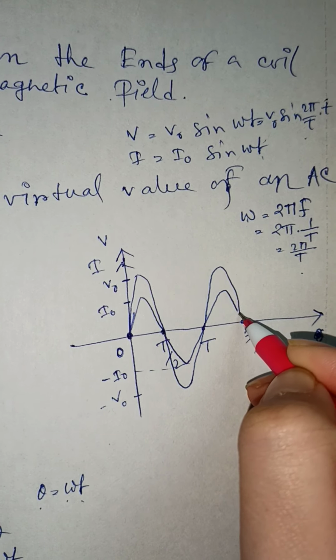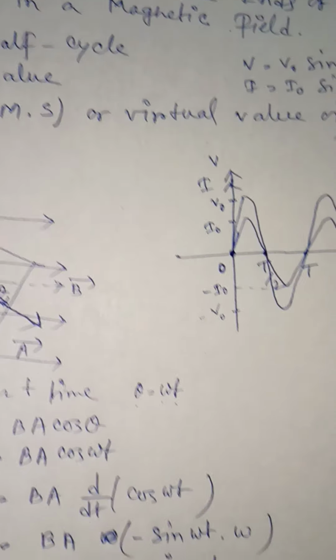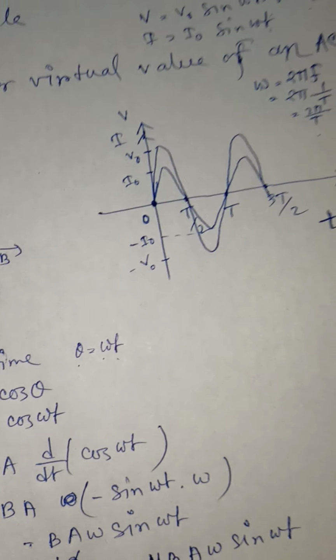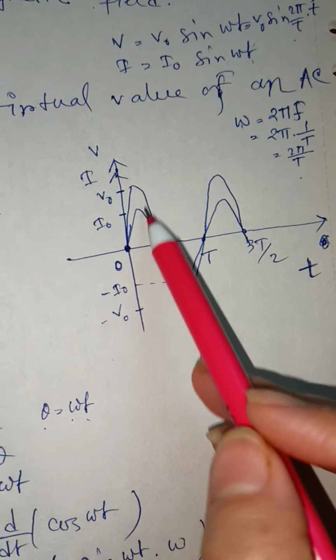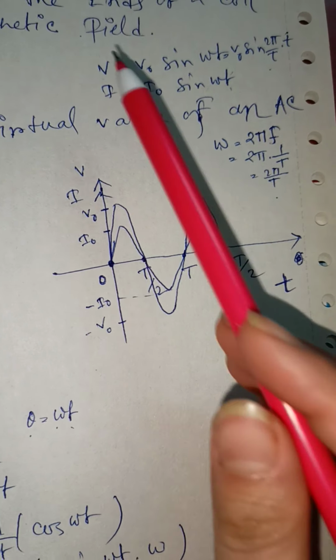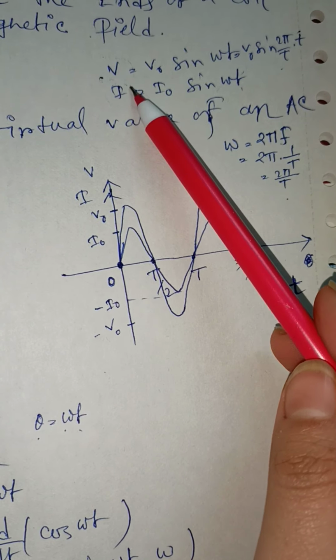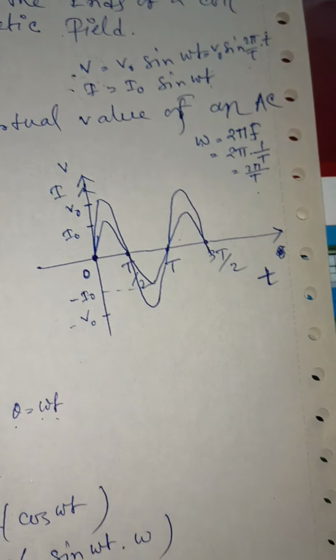Just look at here: both are in the same phase, right? The induced voltage and induced current both are in the same phase. This graph shows that both are in the same phase.